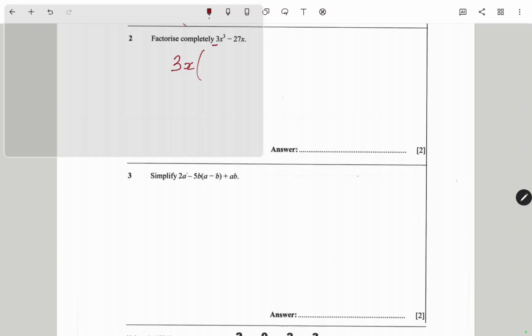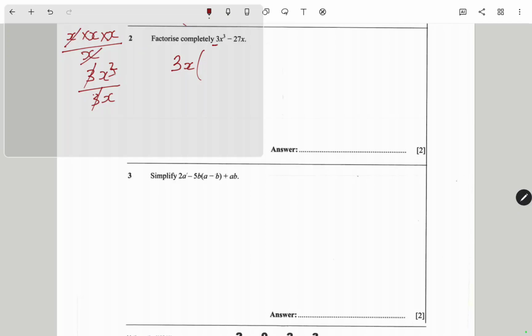You open the brackets. Now, 3x into 3x cubed: 3x cubed divided by 3x, so the 3 and the 3 will divide. X into x cubed is like you have 3 x's divided by an x, so this and this will divide.